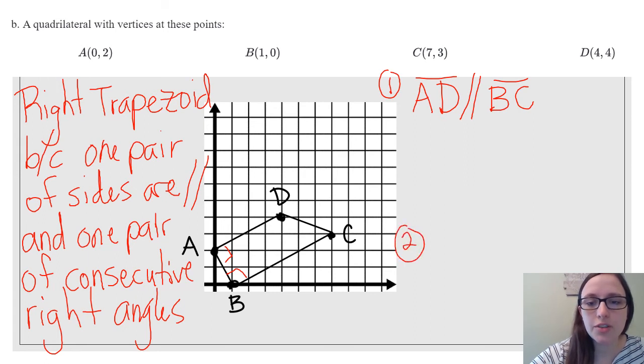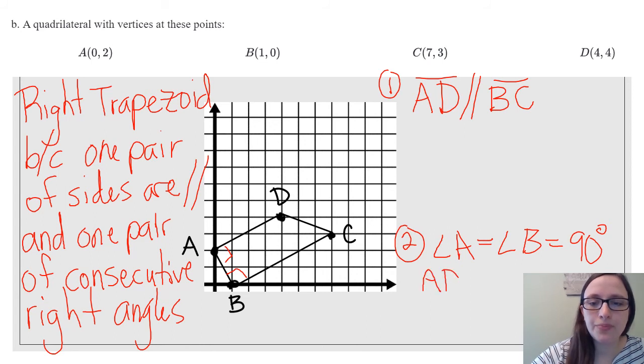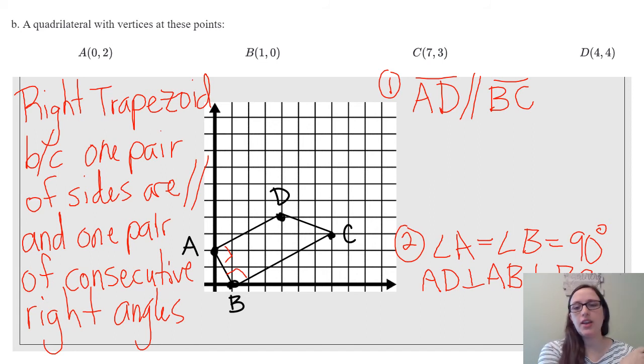My second part is proving that angle A and angle B are equal to 90 degrees. In other words, I'm going to prove that AD is perpendicular to AB and that AB is perpendicular to side BC. Because if they're perpendicular, then they cross at 90-degree angles.